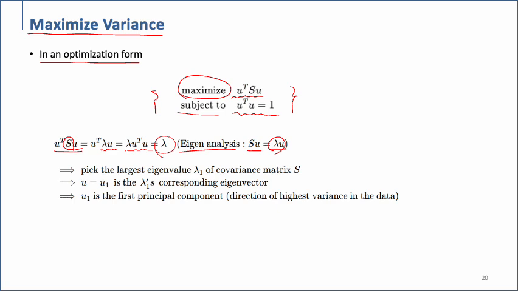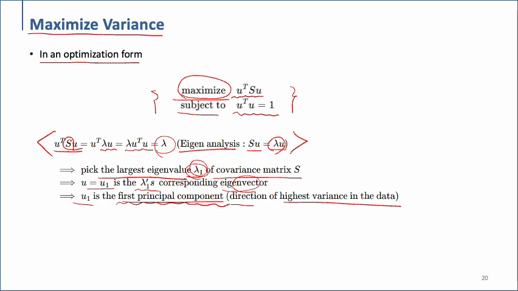So our final goal of finding the u-axis that maximizes the problem is nothing but finding the largest eigenvalue lambda 1 of the covariance matrix S. So here u is equal to u1, the eigenvector corresponding to lambda 1. And finding this eigenvector for the largest eigenvalue lambda 1 gives the first principal component, which indicates the direction of highest variance in the data. So that is very simple linear algebra.